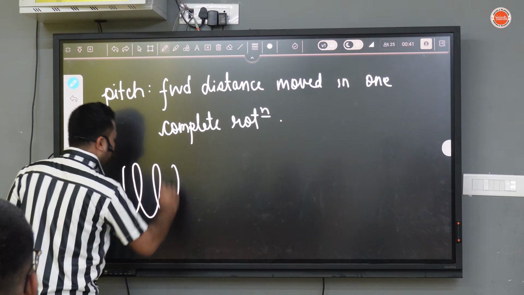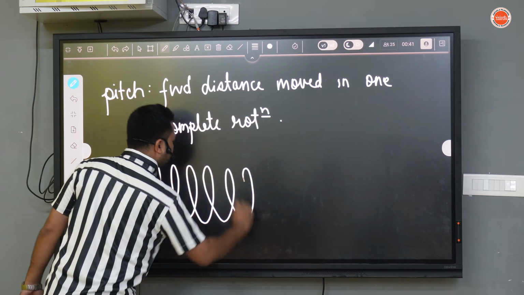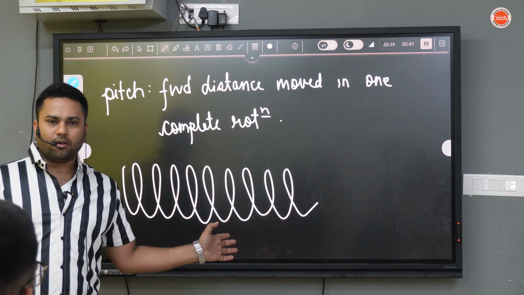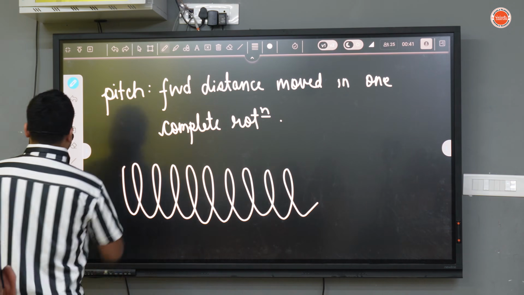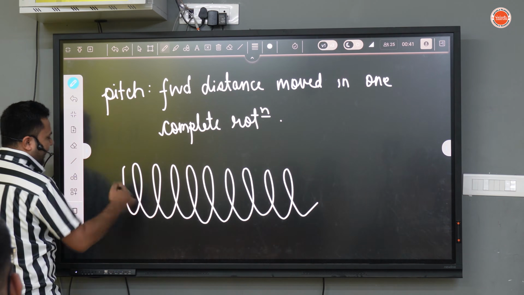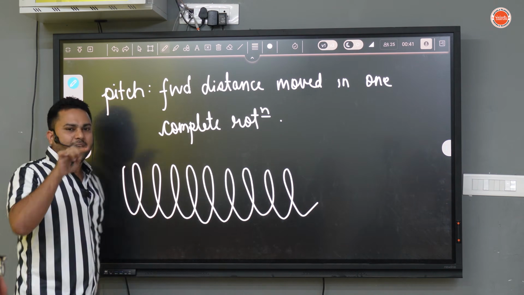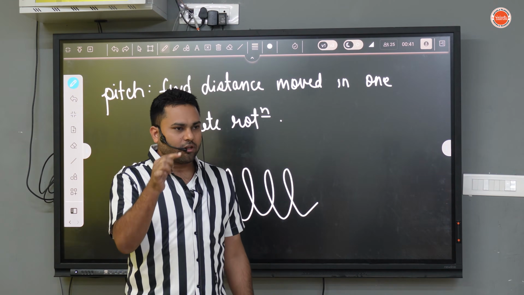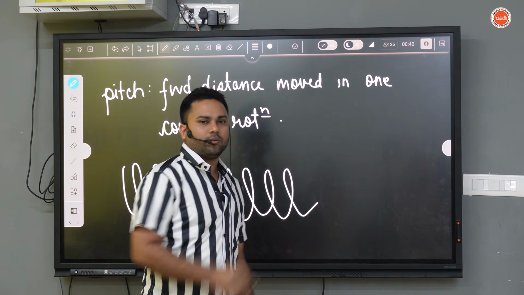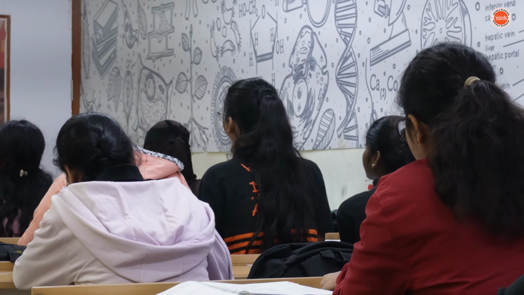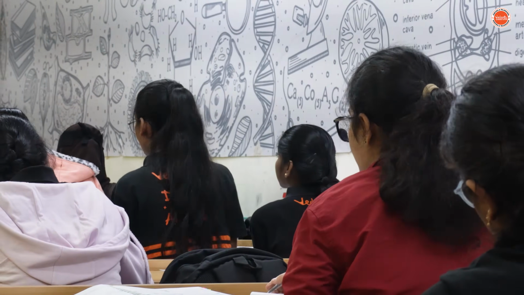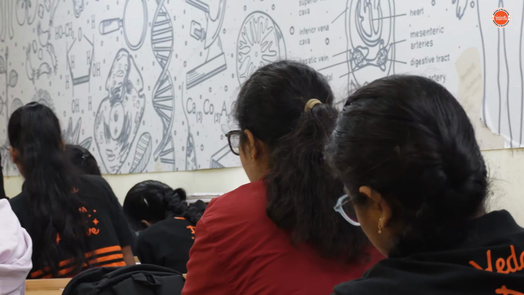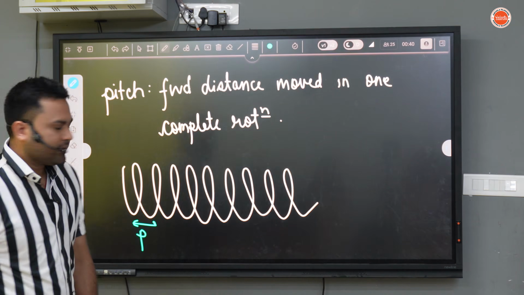Suppose this is the helix motion. This is how our spiral bindings look, correct? It executes circular motion as well as moving forward, like a spring also. So this distance will be called pitch. In one rotation, how much forward distance it moved? Pitch.